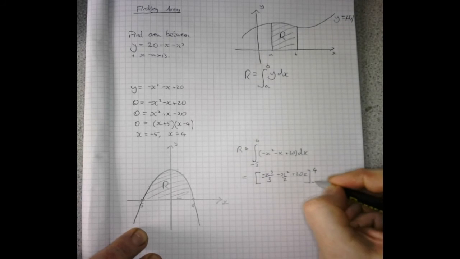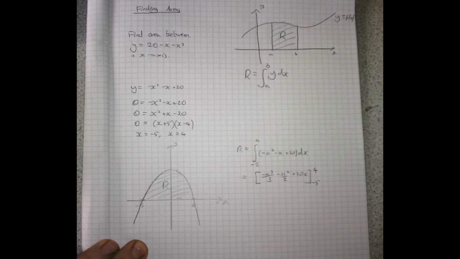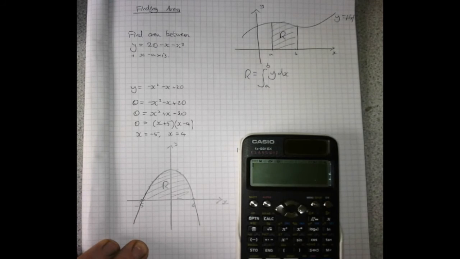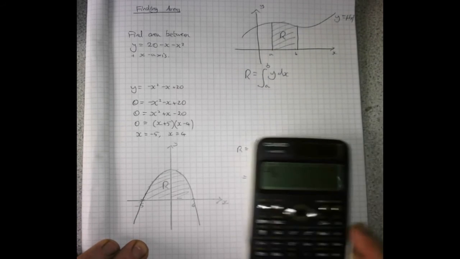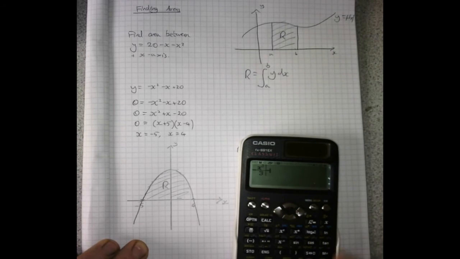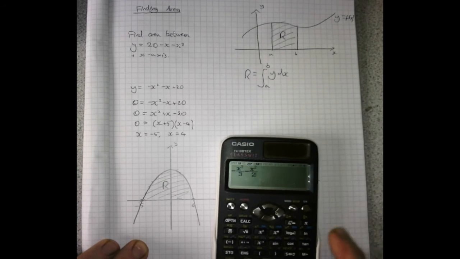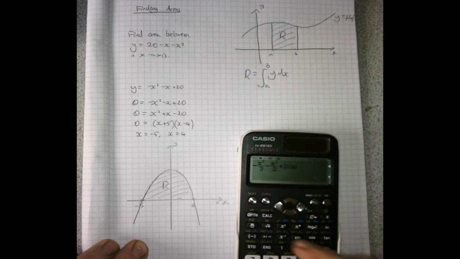No simplification to be done here, so straight to my calc button. Minus x cubed over 3 minus x squared over 2 plus 20x. Now I want to calculate at 4.